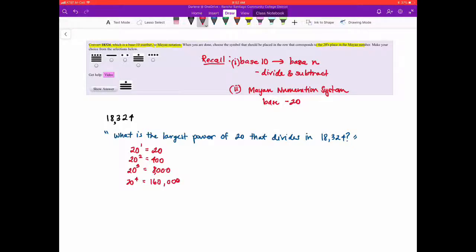So since 160,000 exceeds 18,324, we cannot use that. And therefore the largest power of 20 is going to be 3, and we're going to use 20 to the third as our first divisor.